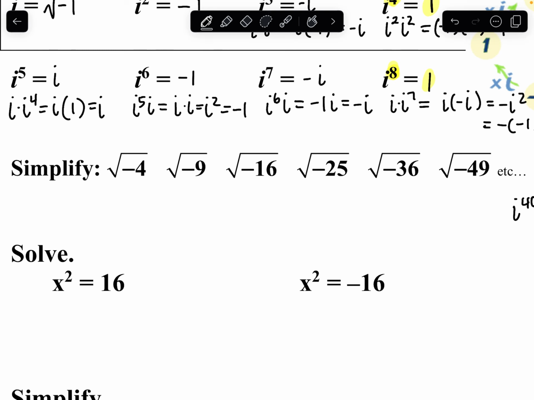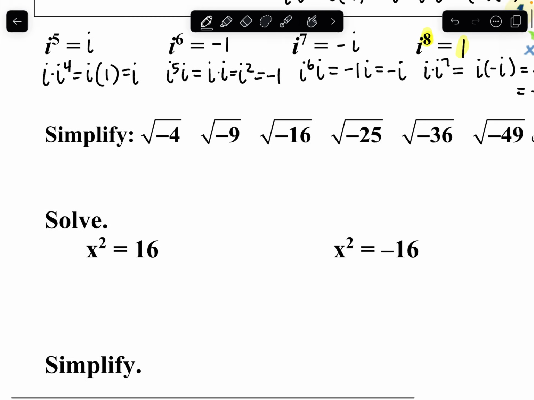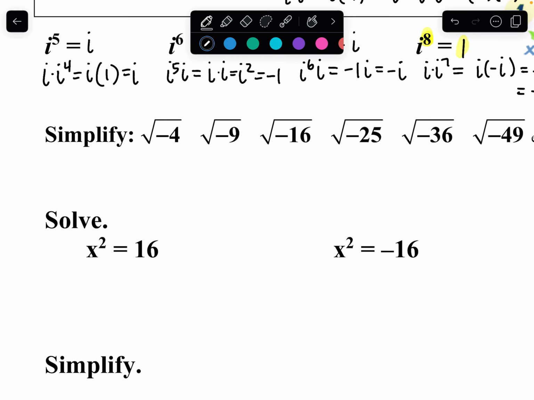The other important thing we have to do with i is take square roots of negatives. That's going to come up when we start using the quadratic formula. This uses a property of square roots: if you have a product under a square root, you can break up that product into their each individual square roots.